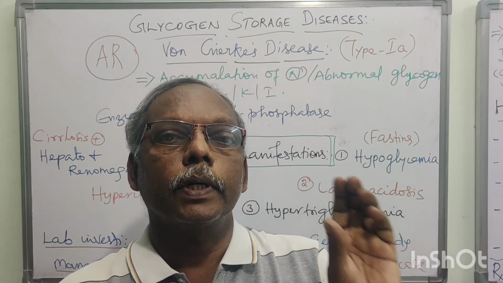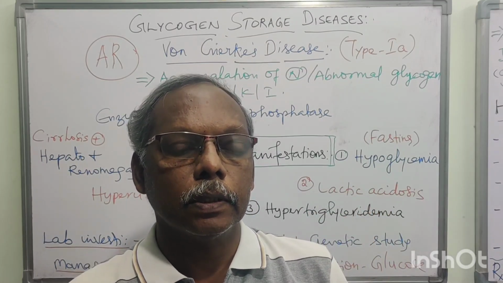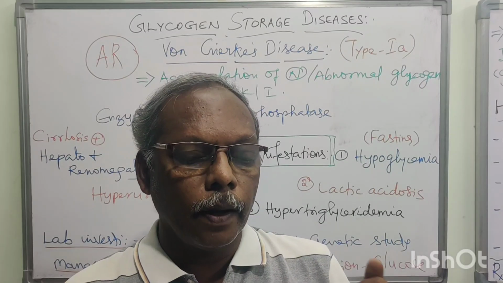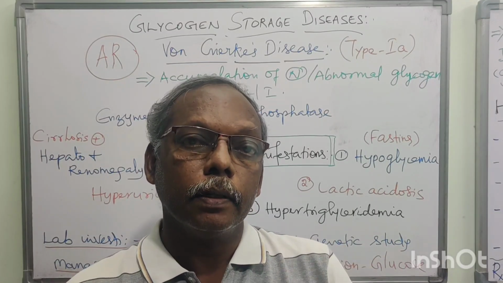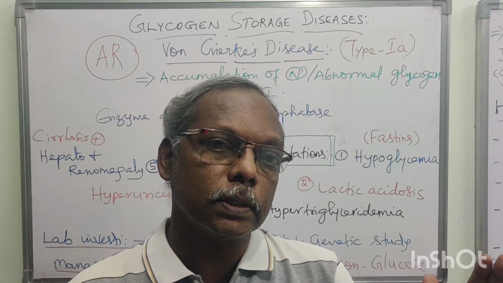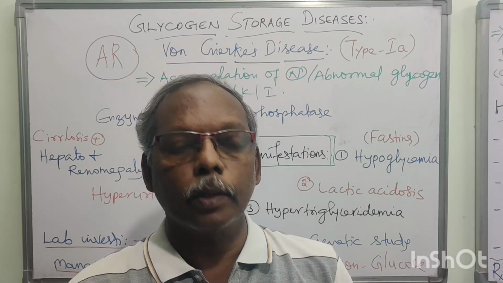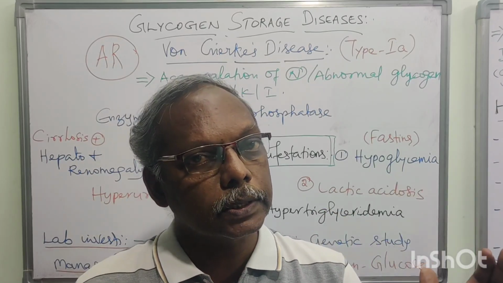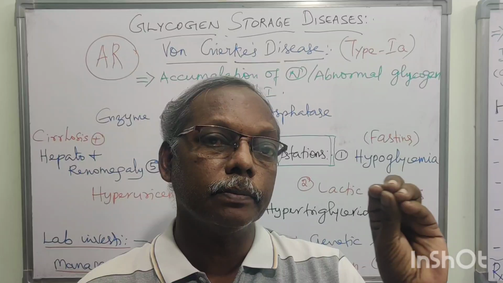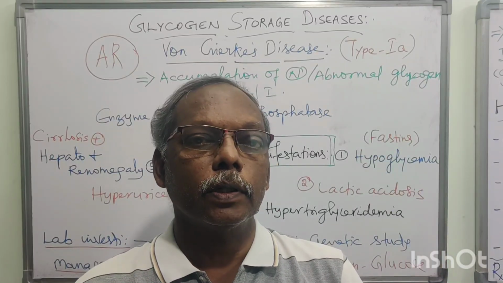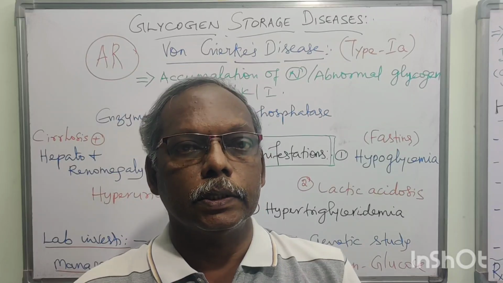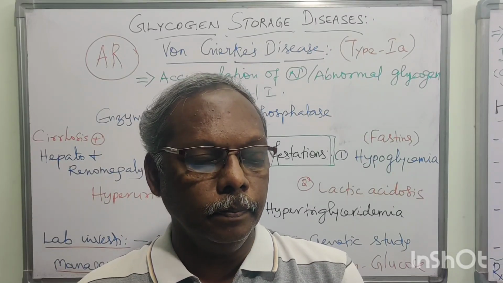The definition of glycogen storage disease is metabolic disorders or diseases due to a defect in synthesis and degradation, that is both synthesis and degradation of glycogen, that is glycogenesis and glycogenolysis, mostly glycogenolysis, sometimes glycogenesis defect also coming under the glycogen storage diseases. This is the definition.